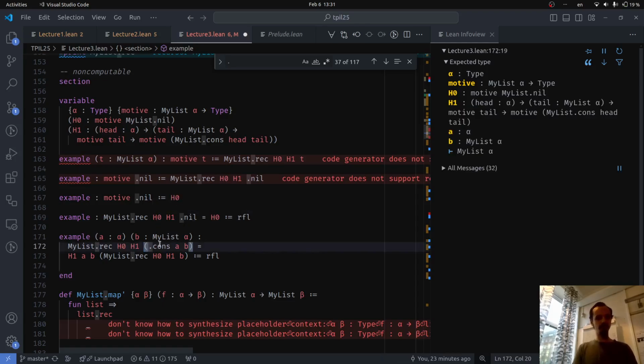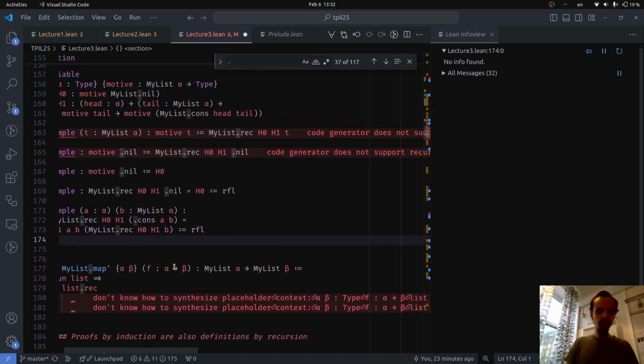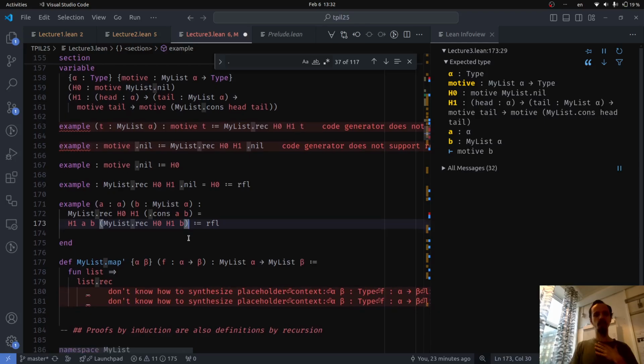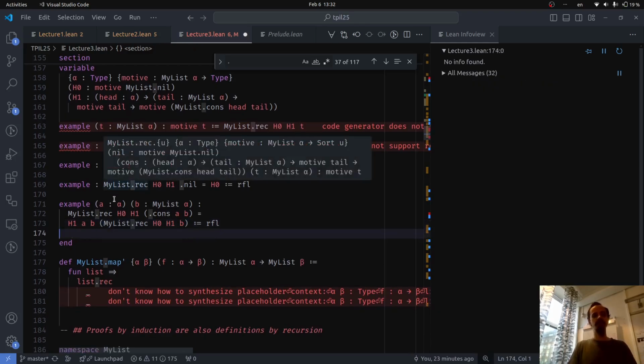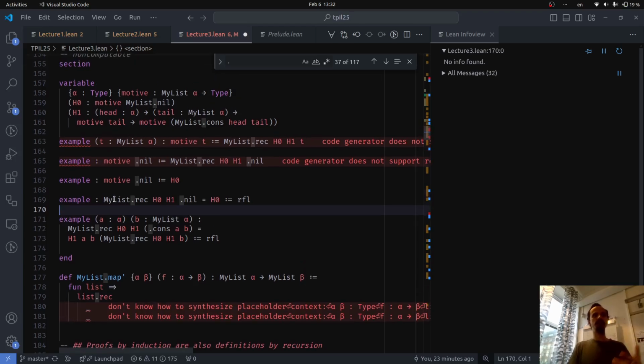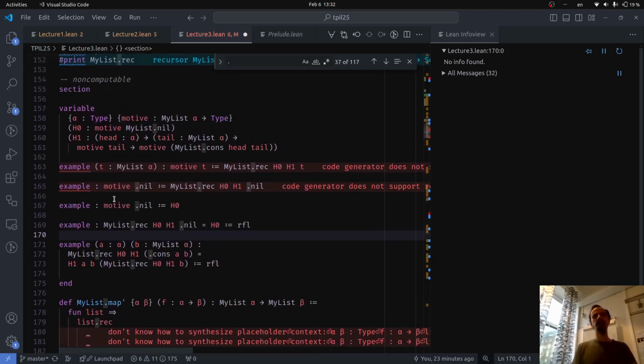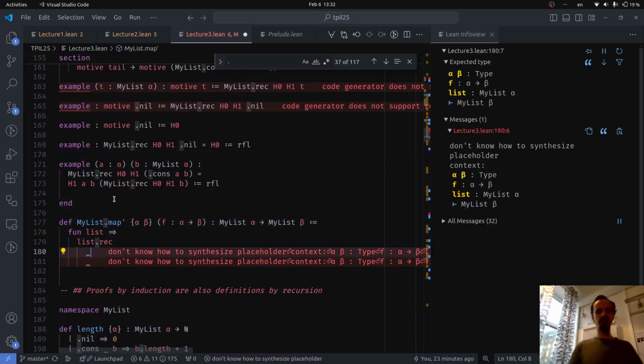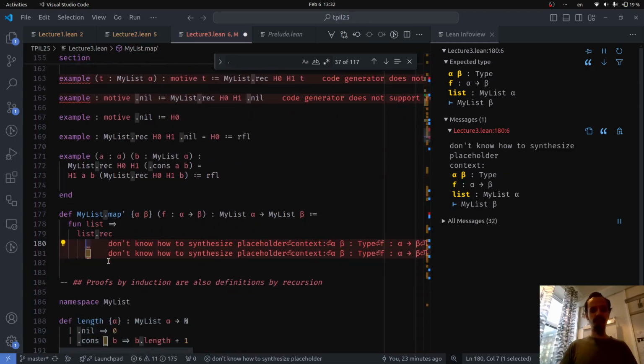And if you apply it on cons, then you get the second argument applied to the pieces of the cons and also on, and this is where the inductive hypothesis went in. And these are both rfl, they're definitional equalities. So this is a reduction rule that tells Lean how to make use of an inductive type and actually compute functions.